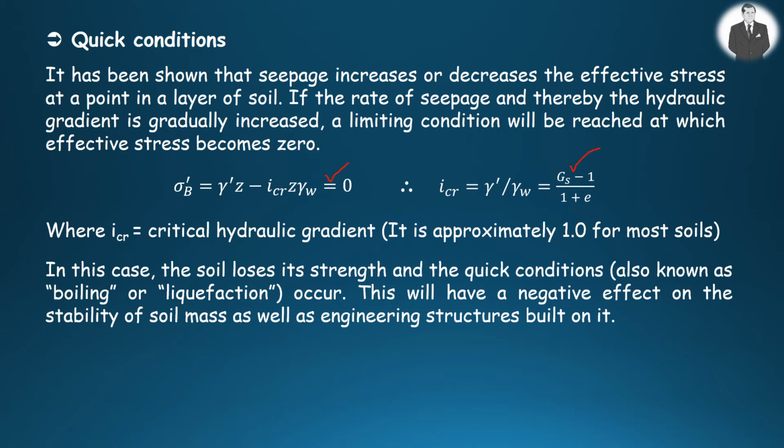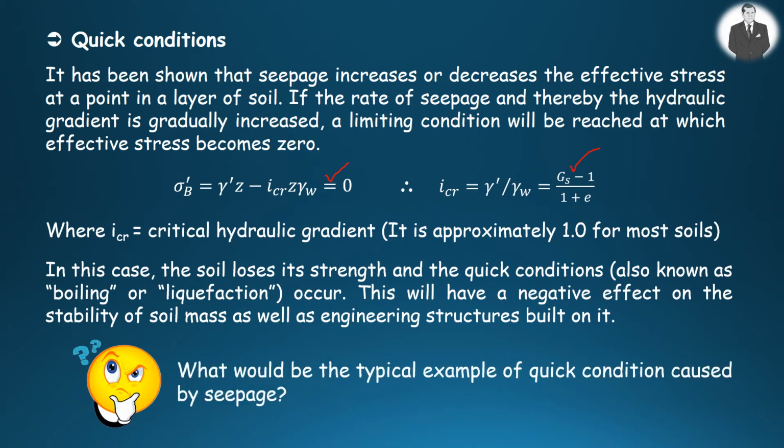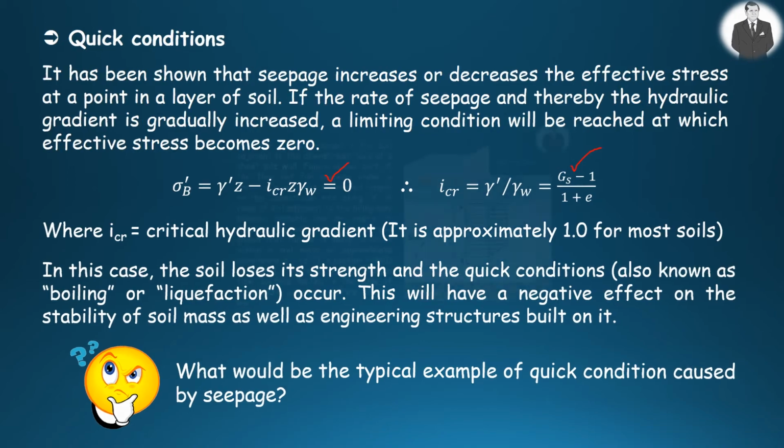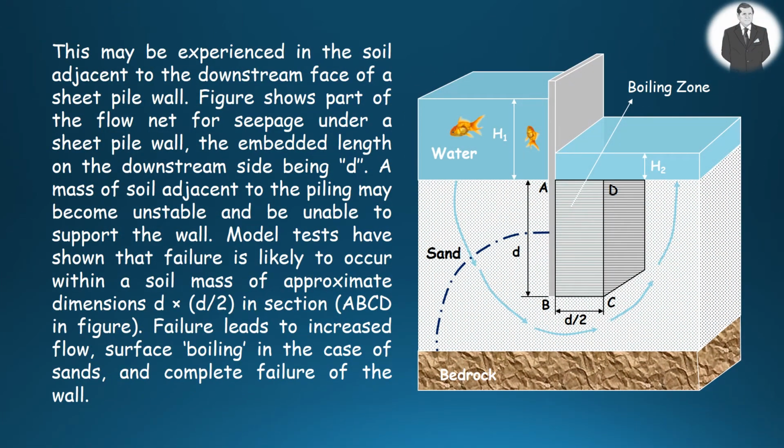Now, the question is, what would be a typical example of quick condition caused by seepage? Let me give you a striking example. This may be experienced in the soil next to the downstream face of a sheet pile wall, as shown in the figure.